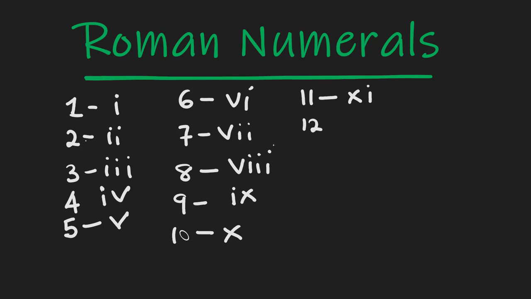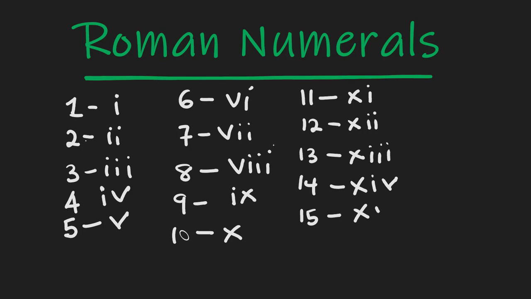Right? 12 will be 10 plus 2. 13 will be 10 plus 3. 14 will be 10 plus 4. 15, 10 plus 5. 16, 10 plus 6. Is that not so? 17 will be what?